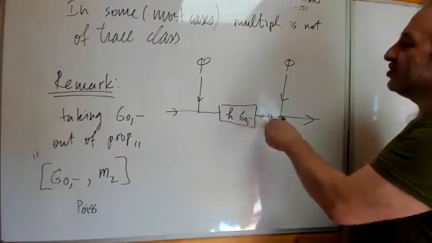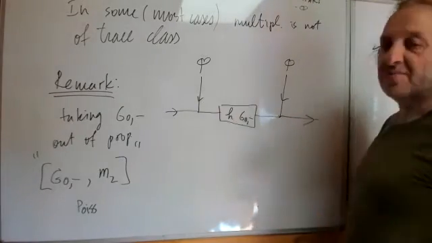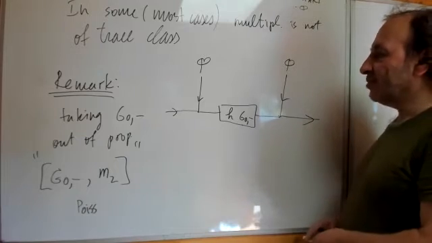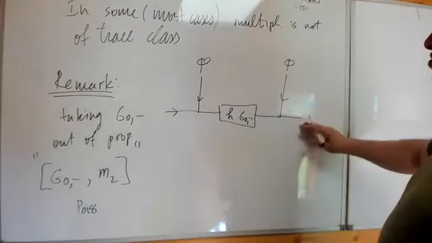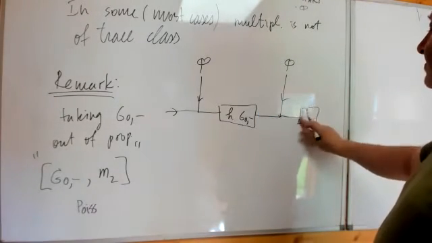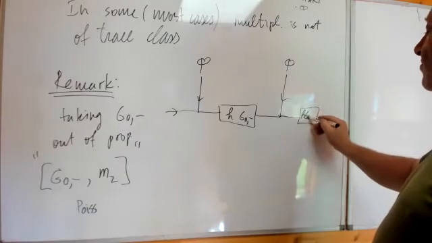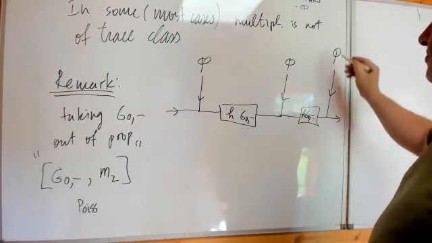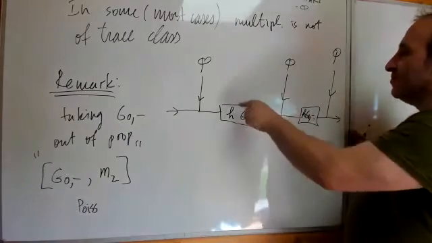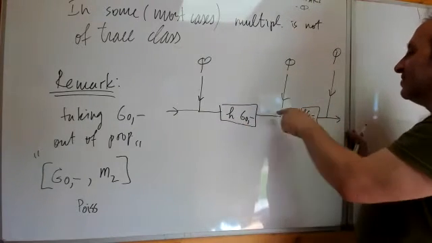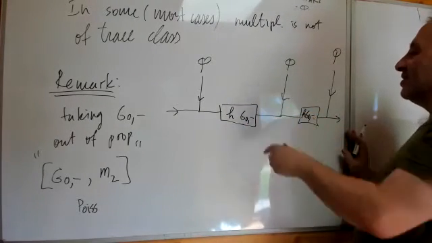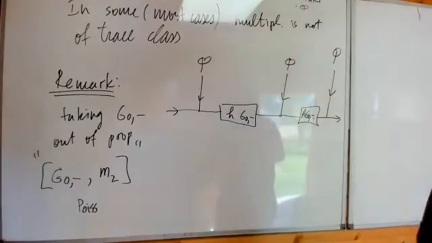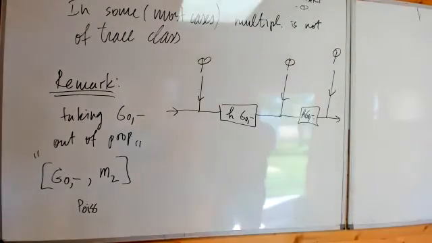You could take G naught minus and commute with one of the operators, or even with two of operators. But the number of operators is at least one bigger than the number of G naught minuses. So you need both.